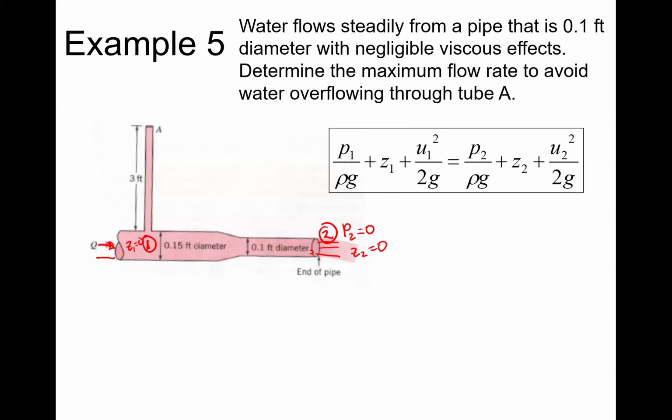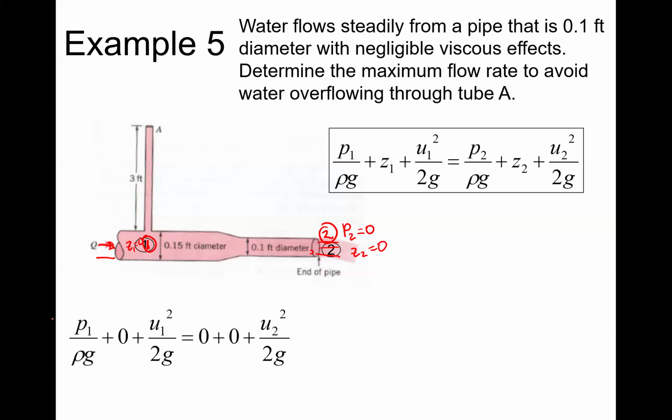I have a velocity at point 1 and a velocity at point 2. I already had put values there, but I have a pressure at point 1. I have a velocity at point 1 and a velocity at point 2, you see? And the problem with this type of exercise is that I now have two unknowns.